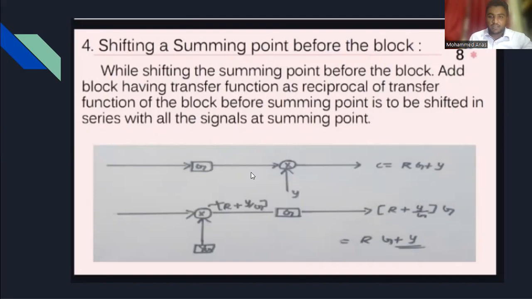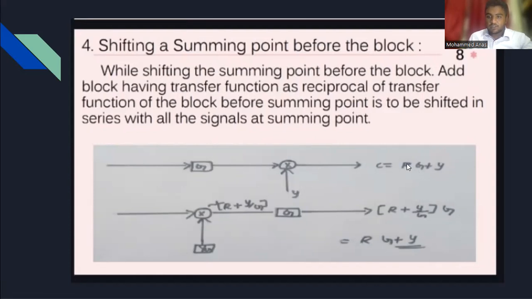As you see here, C is equal to R G plus Y. When you shift this Y summing point before the intermediate block, we have to add the reciprocal of the block, 1 divided by G. By simplifying this, we get R G plus Y.